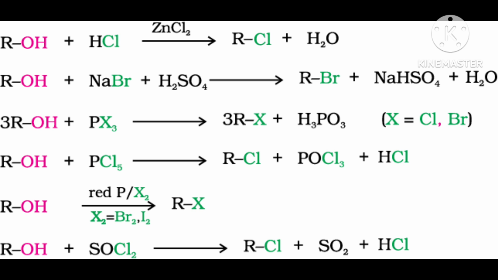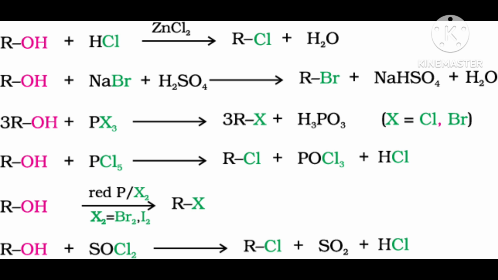Easily it is forming from ROH and NaBr in presence of H2SO4. Reaction is going on. Then very easily it will form RBr, and because H2SO4 is there, NaHSO4. One hydrogen from the H2SO4 reacted with OH and formed water.